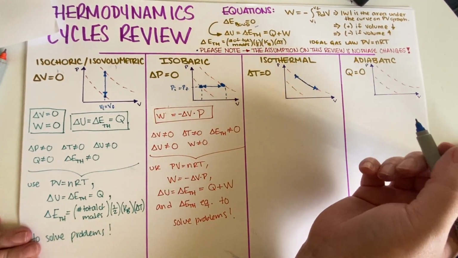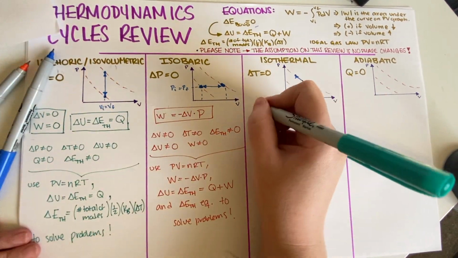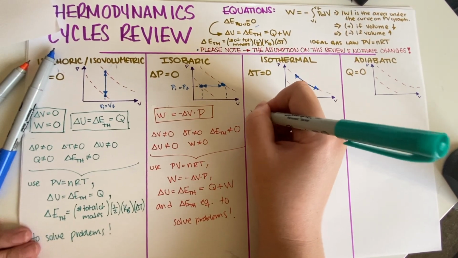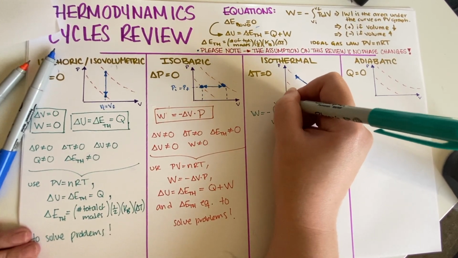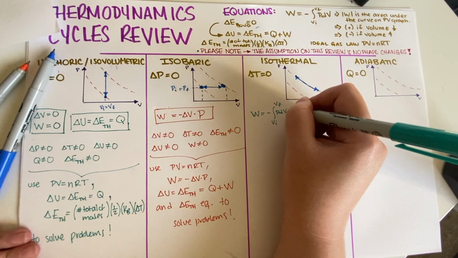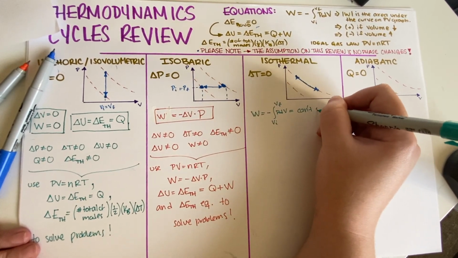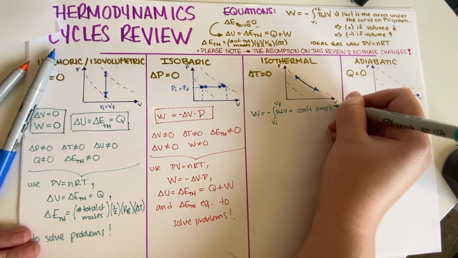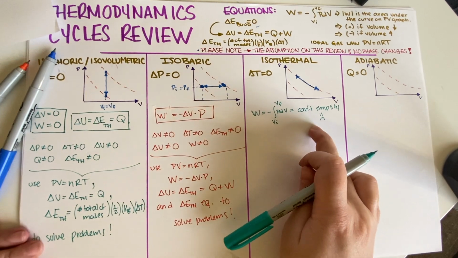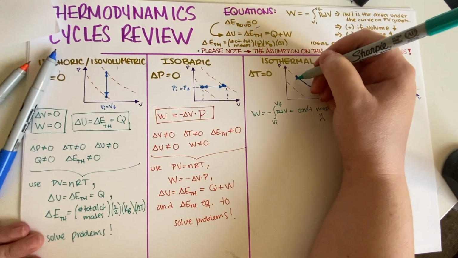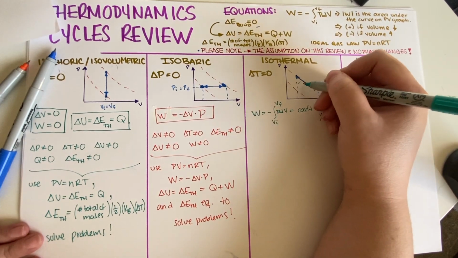In terms of work, your work equation, you can't simplify. Sad face. Because the work is still the area under the curve, the negative of the area under the curve.